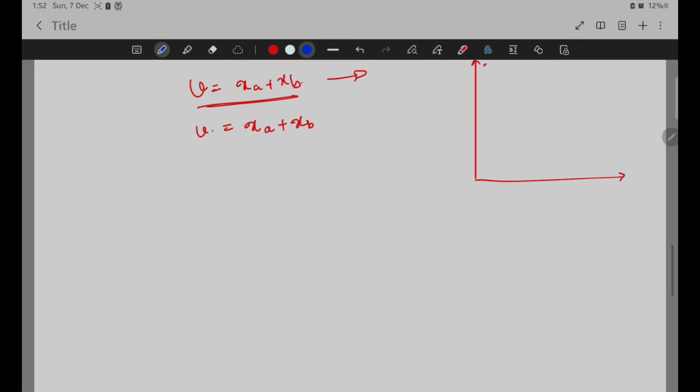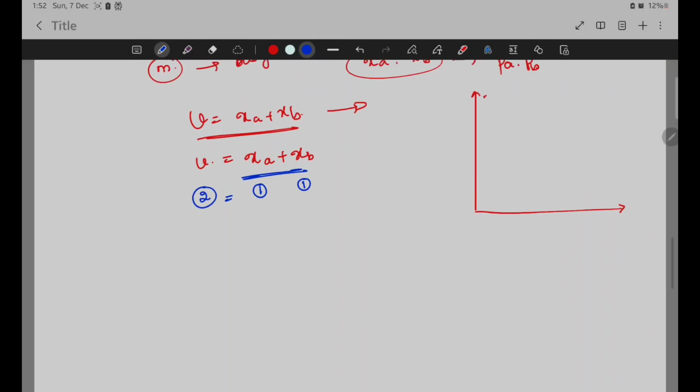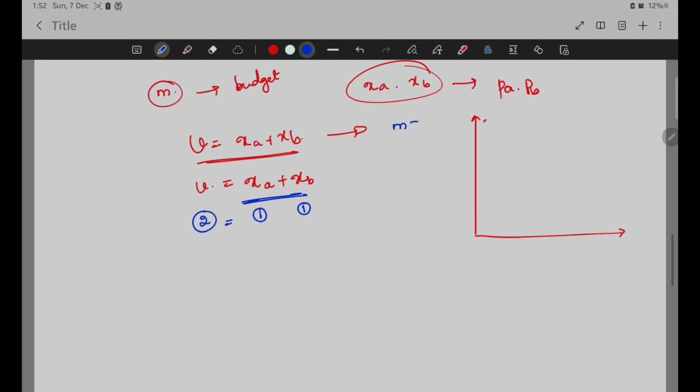So now if you eat one apple, one banana, that is how much? 2 utility. But here, I say I have m equals, before I took 100, now I will take 10. So price of apple is 1 rupee, price of banana is also 1 rupee.